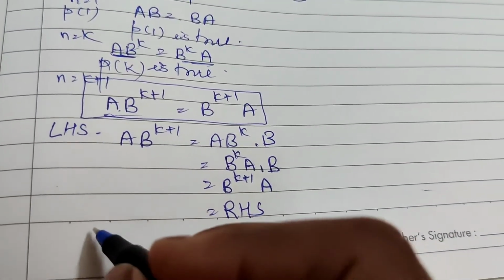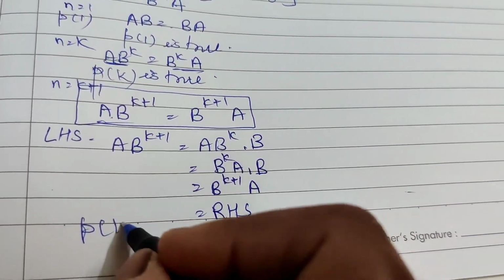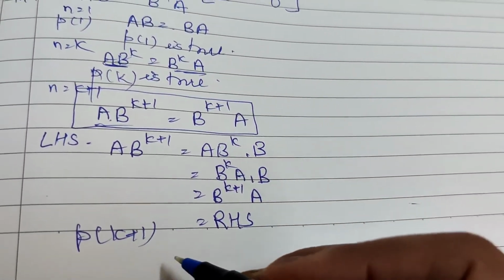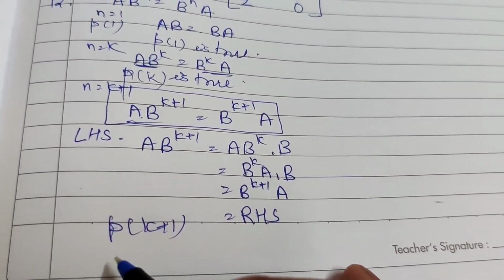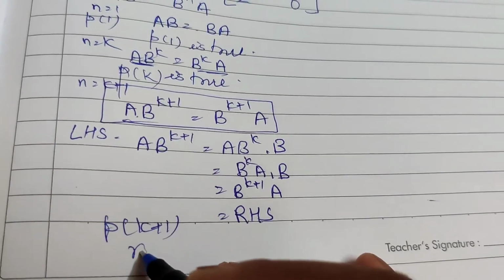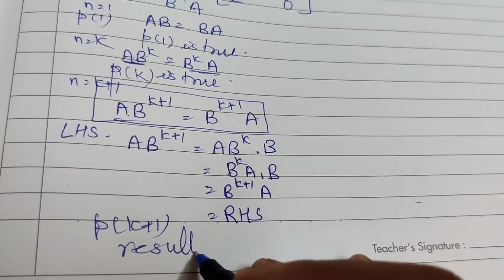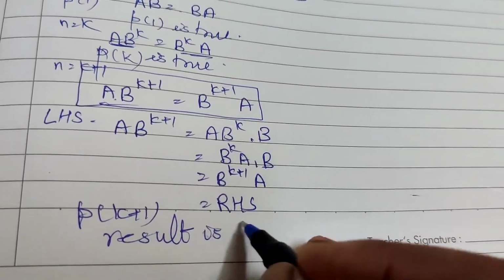It means it is true for k plus 1 also, so it is true for all the values of n. Result is true.